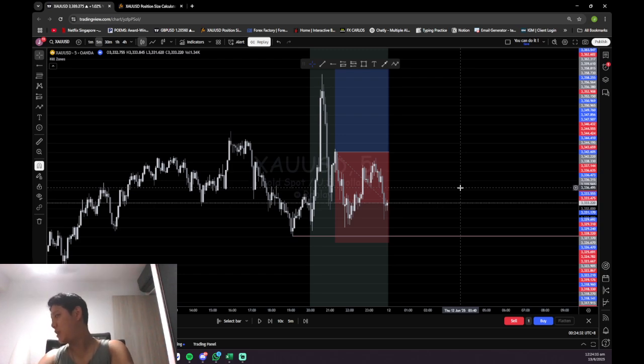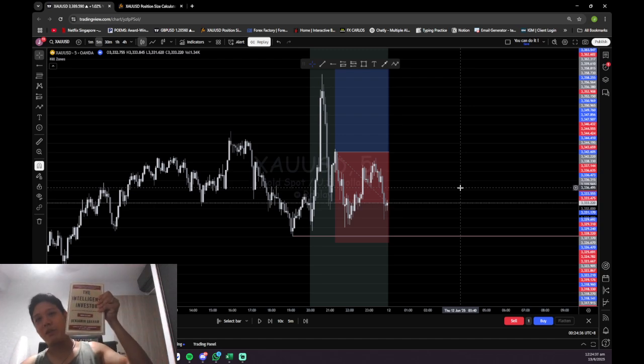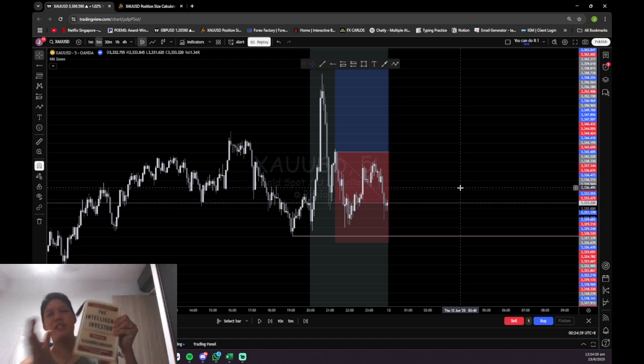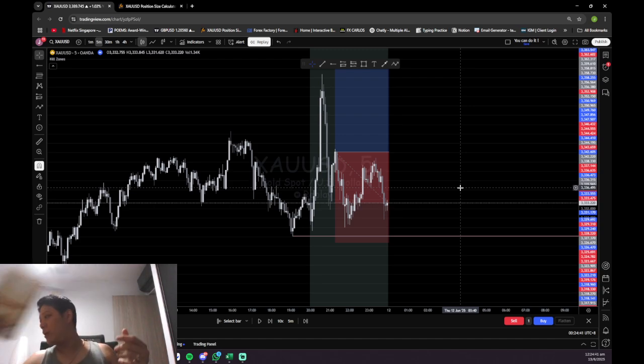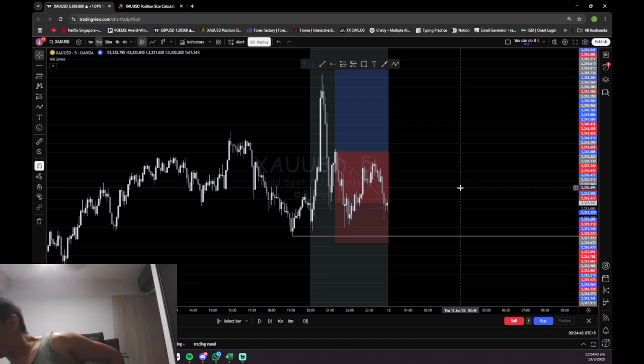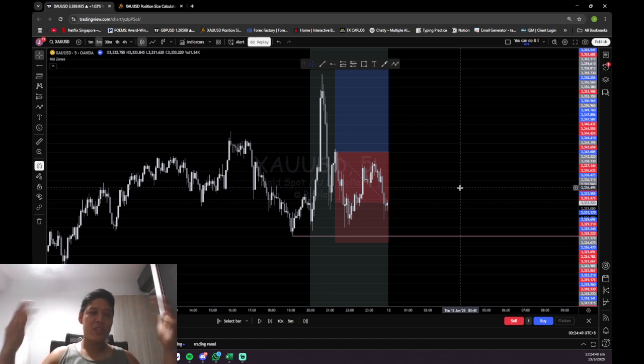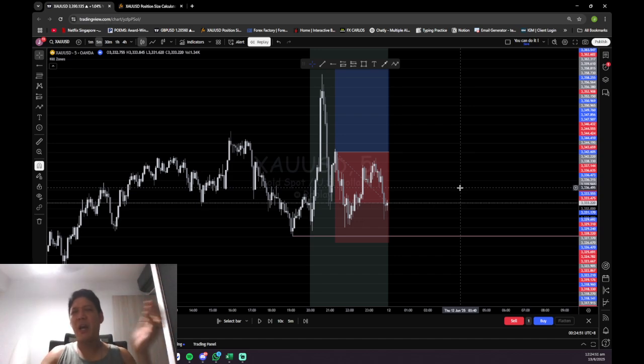Now I'm actually reading the next book, which is The Intelligent Investor by Benjamin Graham. This is more for stocks, but it also has some kind of psychology in it. So based on these 3 books, all of them mainly touch on psychology, and because of that, I actually adopted a new mindset towards the market.